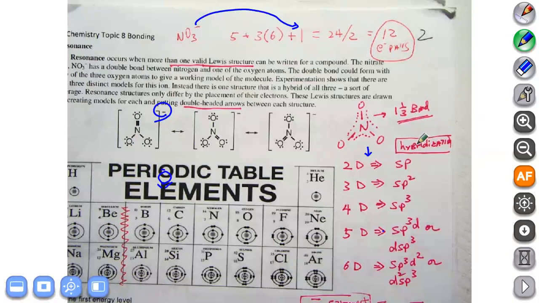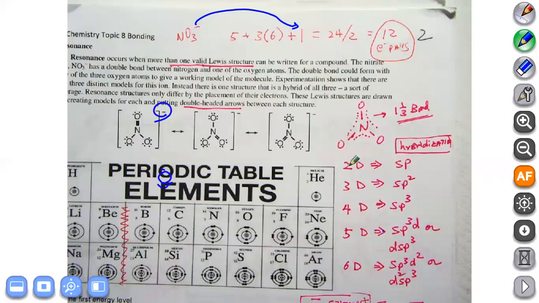Let me go through a quick hybridization review, and I will touch upon this in a little more detail in a few minutes. But this is what we've learned last year. Hybridization is a fancy way of saying mixed, right? For now, think of hybridization as another label for the number of domains.